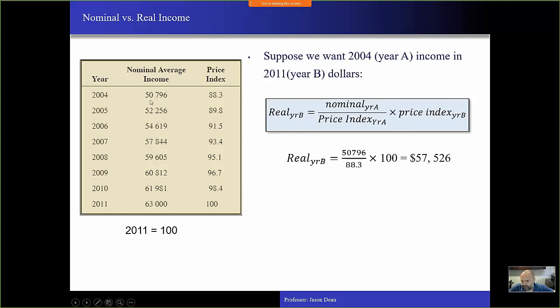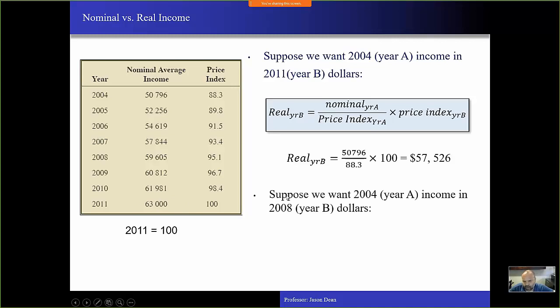So $50,000 could buy more or less than this in 2011 because the prices are different in each of these years. So what we're doing is holding constant purchasing power, or the prices in a particular year, and then comparing the two numbers. This amount of money in 2011 dollars is $57,526. So that's less than $63,000. So the income is actually better here.